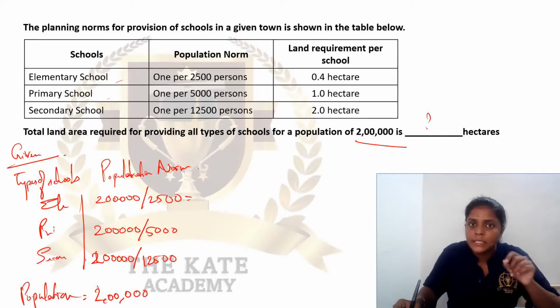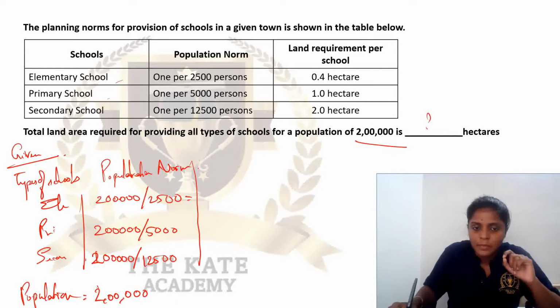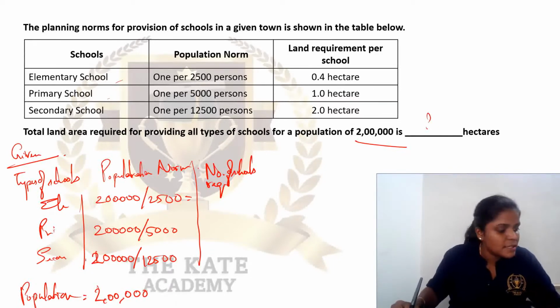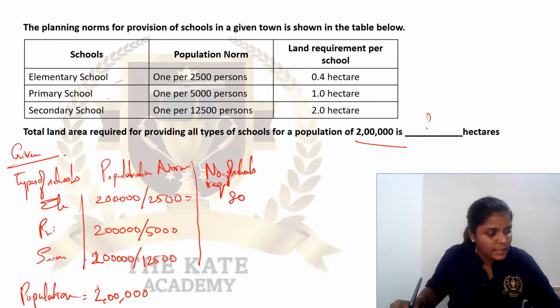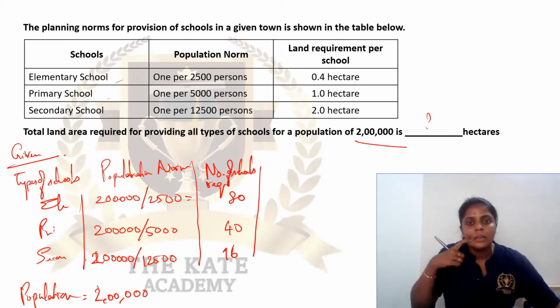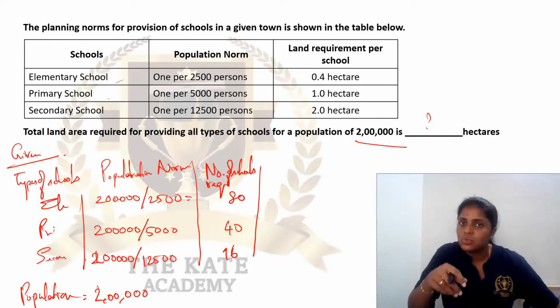So dividing this will give you how many schools are required. Number of schools required. Okay, so if we divide this, we'll get an answer which is 80, 40 and 16.